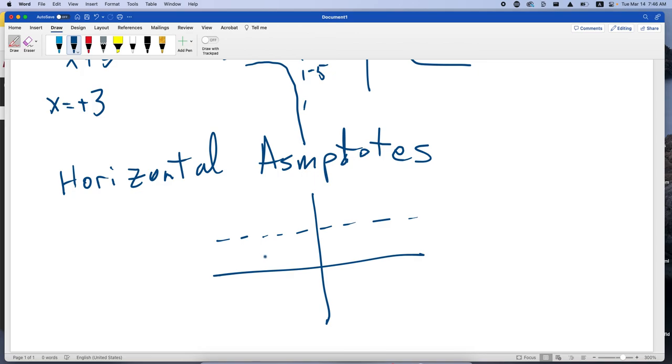And so the graph, we could still have vertical asymptotes, right? And actually, let's take that one, x minus 3 over x plus 5. We know we're going to get a vertical asymptote at -5.